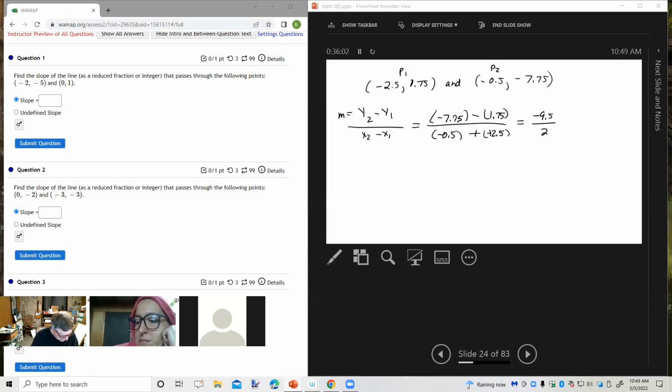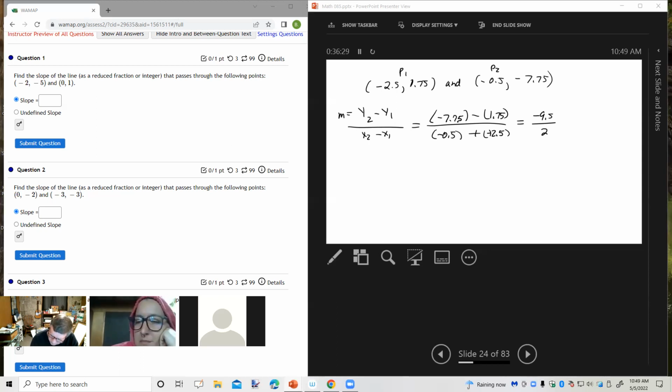So I've got -9.5 over 2. Well, with a slope, we either want to have a single integer answer like 2 or -2 or 3, or a fraction with an integer on the top and an integer on the bottom. We could express it as a single decimal, but we wouldn't leave it in this form.